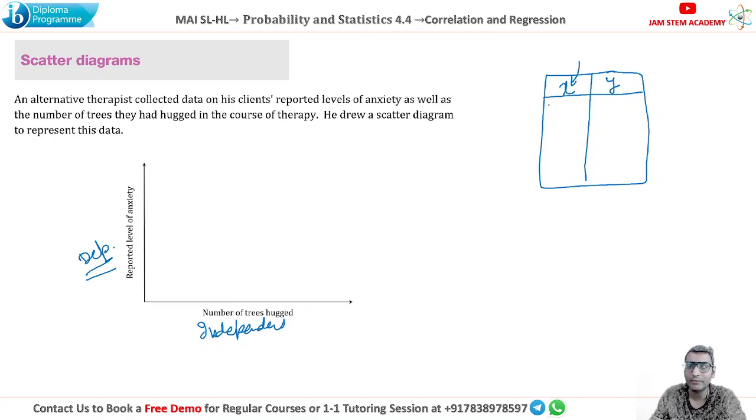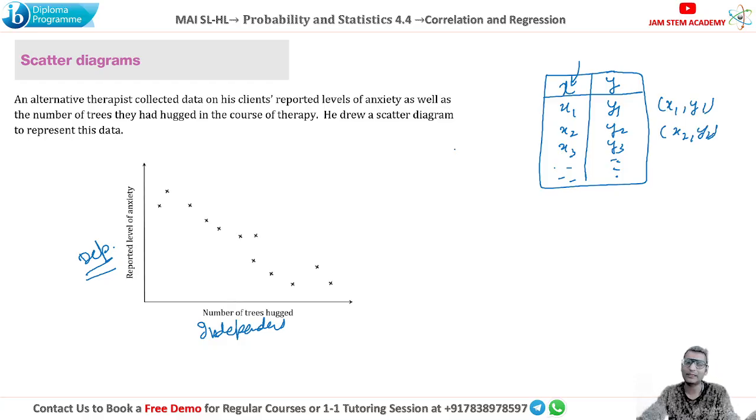Let's say some data points are given to us: x1 corresponding y1, x2 y2, x3 y3, and so on. We can plot a scatter diagram by taking the points as coordinates x1 y1, x2 y2, and plotting these points on the graph.